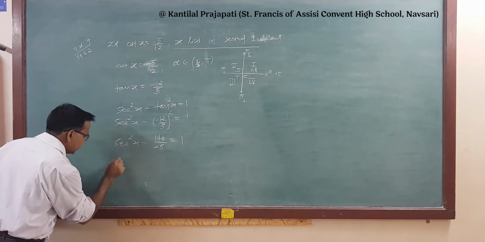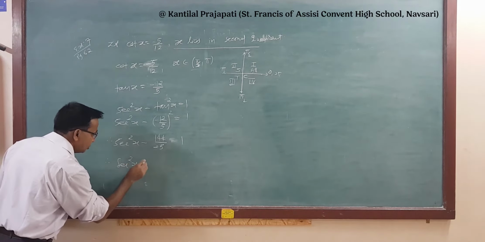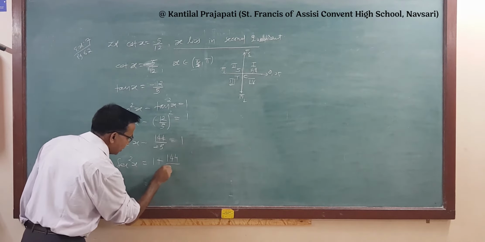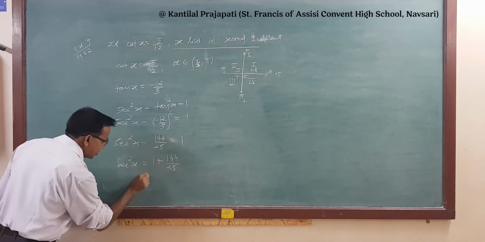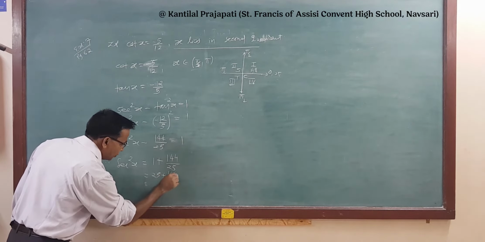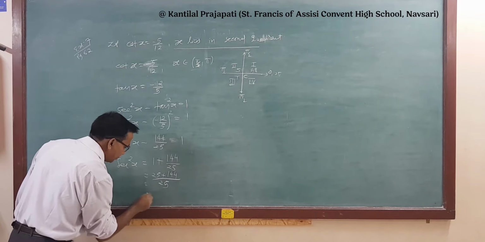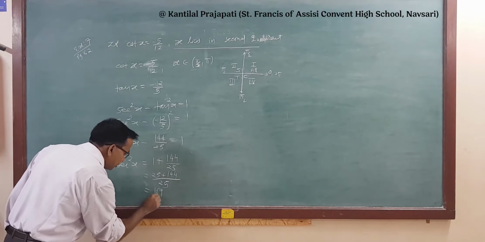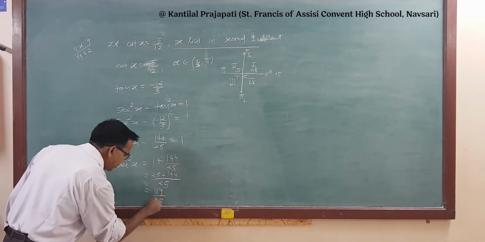Therefore sec square x is equal to 1 plus 144 by 25, that is 25 plus 144 by 25, which is 169 by 25.